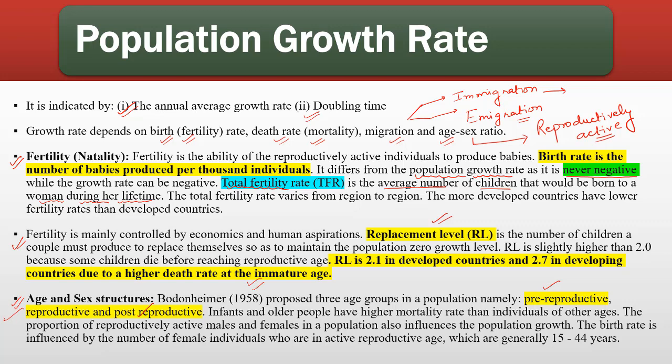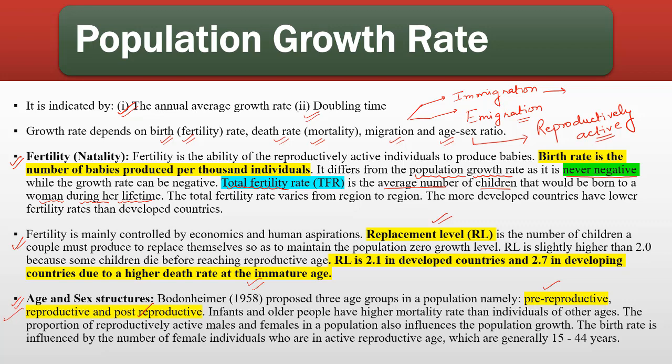If she is giving 10 births, 4 births, 5 births, the total birth is the total fertility rate. If she is giving 1 birth only, and that 1 birth is basically replacing the couple, that is the replacement level, right? Understood? So these are the factors on which we have been questioned very prominently.